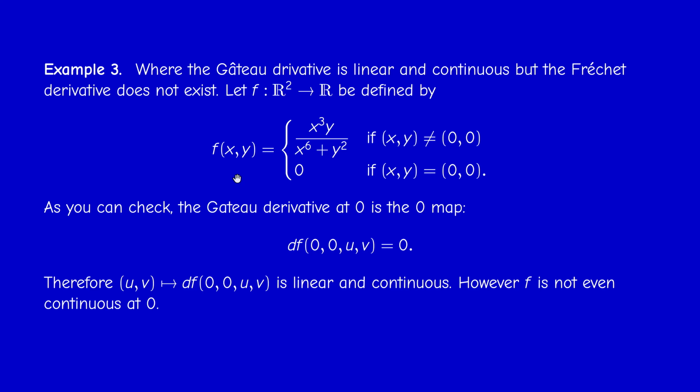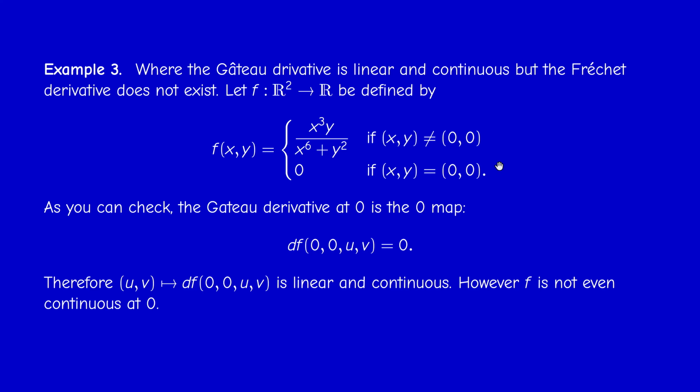And for example, you can see what is the limit along the curve y equals x cubed, or x equals y cubed. So you get different limits, and therefore f has no limit at 0. So it's not continuous there. So this is the last example.